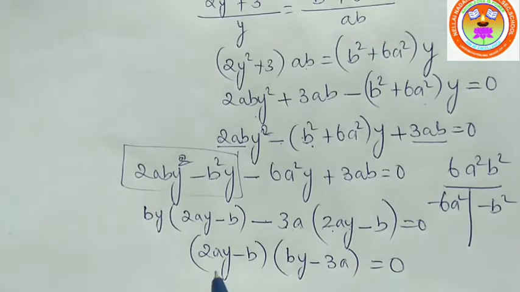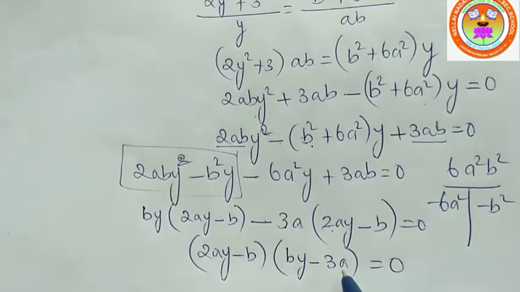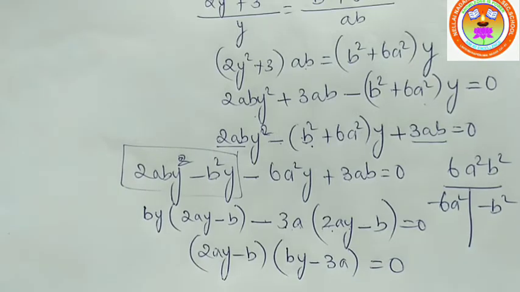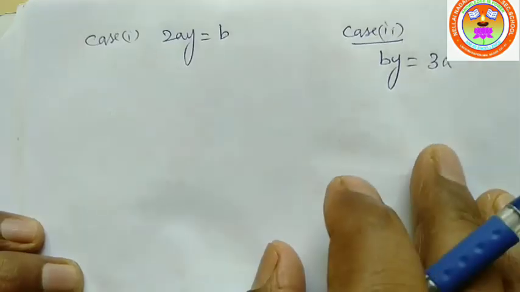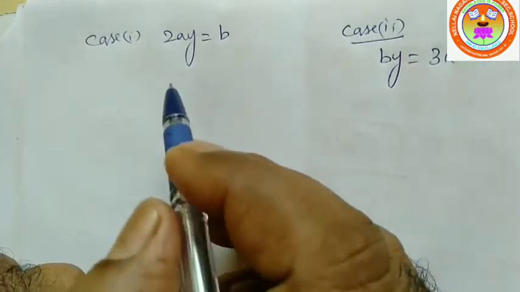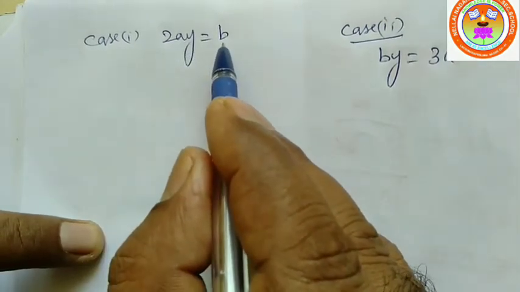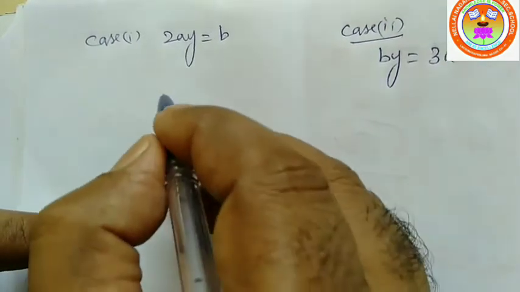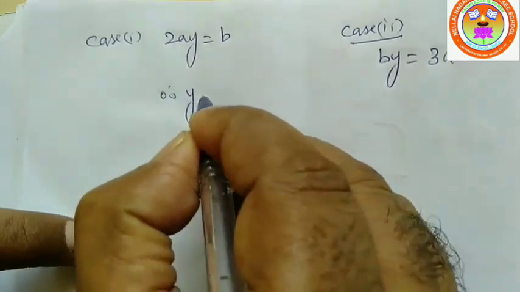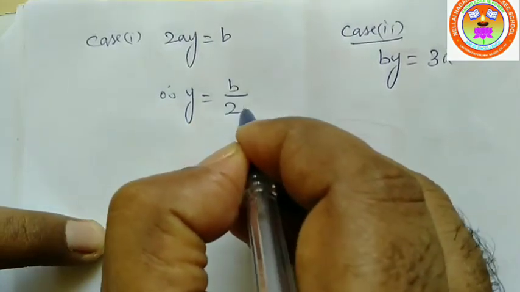The first case is 2ay is equal to b, and the second case is by is equal to 3a. Okay? In the first case, 2ay is equal to b, so y is equal to b by 2a.